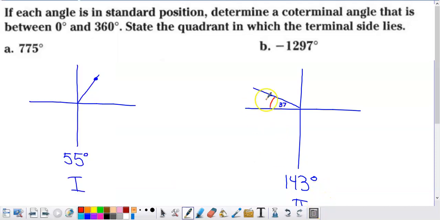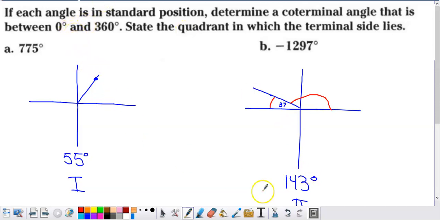Now, here's the thing. I am not going to give 37 degrees as the angle that's between 0 and 360 that's coterminal with this angle, right? This is not an angle that's being measured from the positive x-axis. This angle here is the angle that I'm going to have to give that's the answer for the first part of this problem.